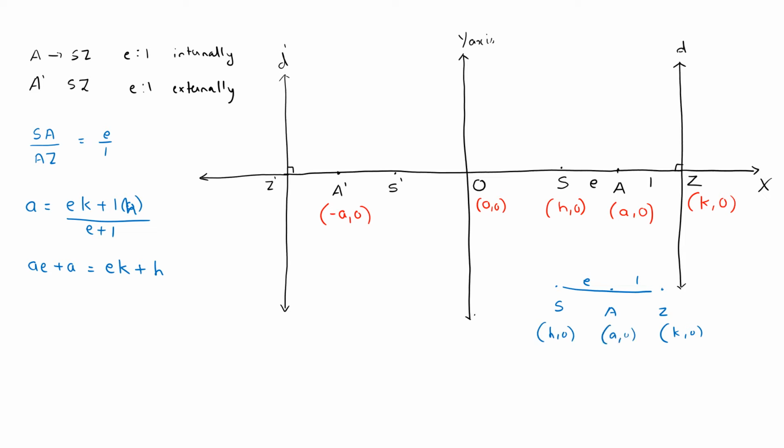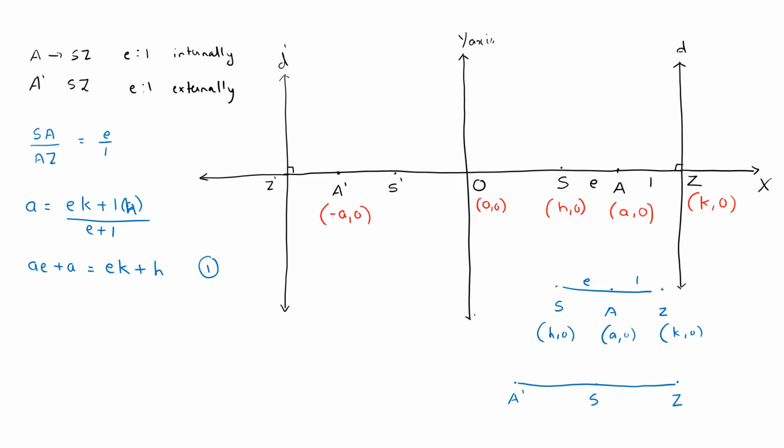I applied the section formula for internal division. Let us say this is equation number 1. Similarly, I'll apply the section formula for external division. As I said, A dash is dividing SZ in the ratio e is to 1 externally.